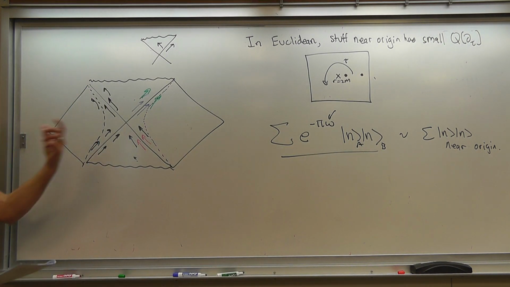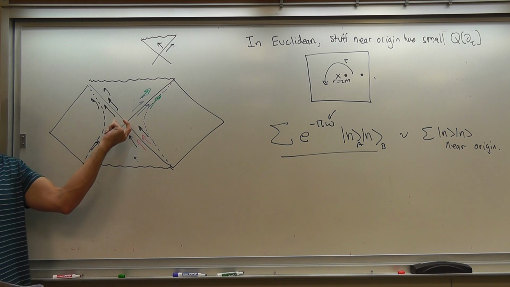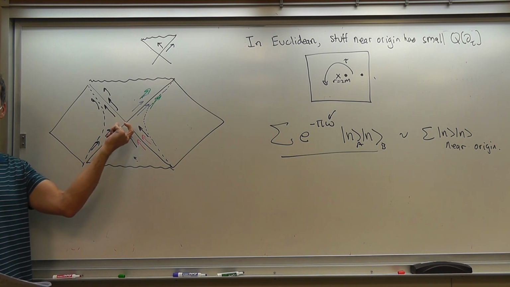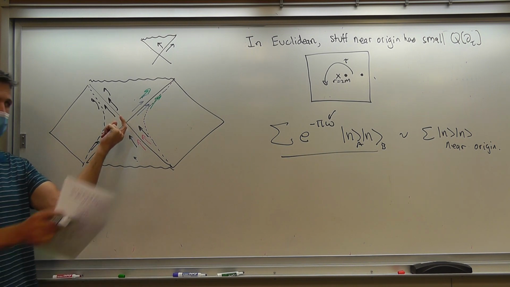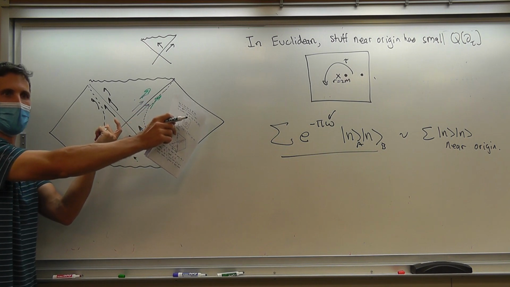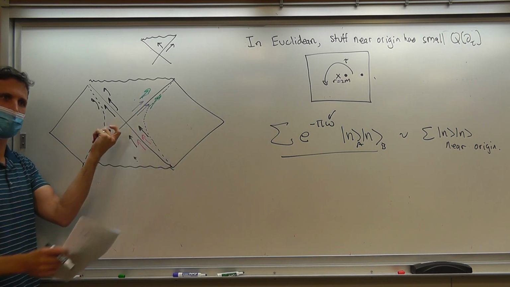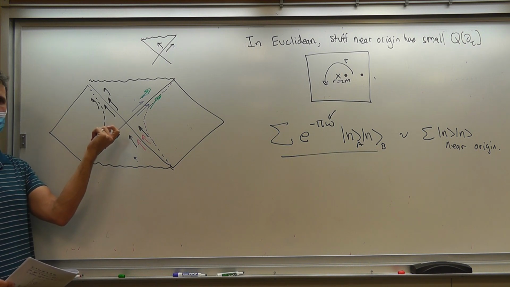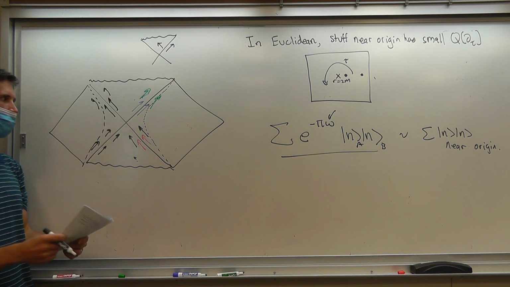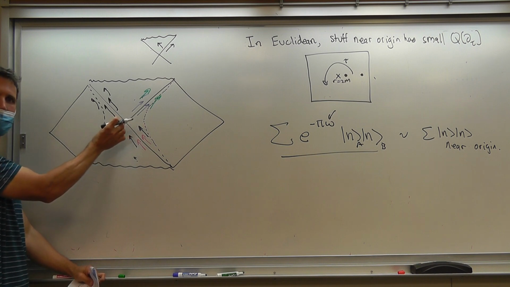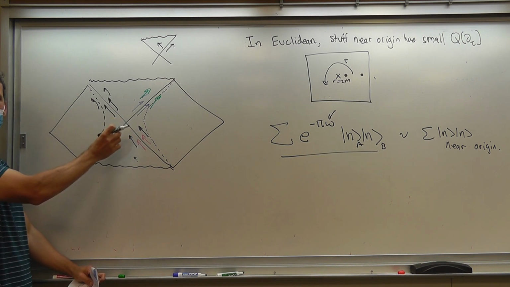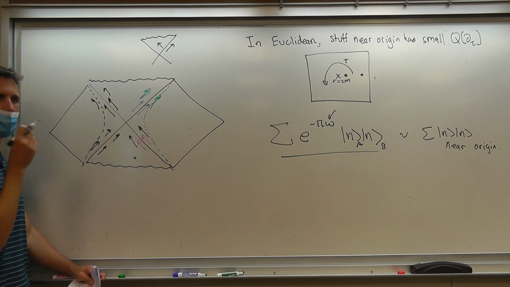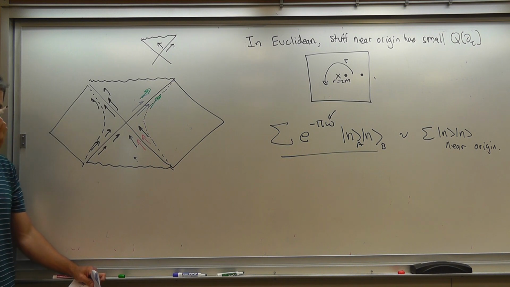The stuff near the origin is very redshifted, so it has very low energy as measured from infinity, and therefore is basically unsuppressed in the thermal sum. And as you get closer and closer to the origin, it's more and more redshifted, so it's easier and easier for it to get excited in the Hartle-Hawking state.